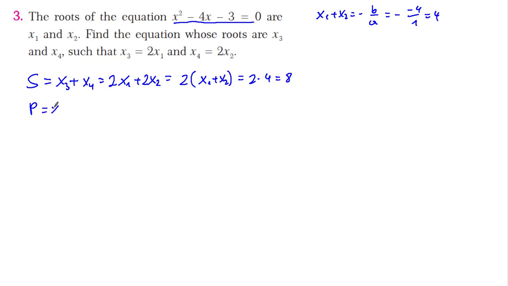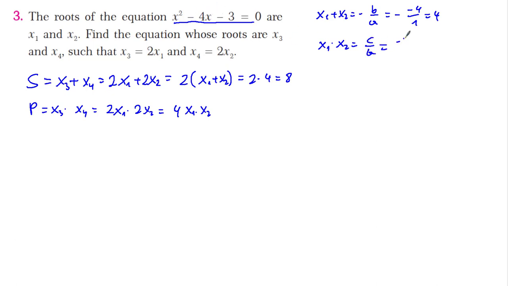As for the product, we get x3 times x4, that's 2x1 times 2x2. 2 times 2, that's 4 times x1 times x2. How can we get x1 times x2? Again, from Vieta's formula. x1 times x2 is c over a for the given equation here.